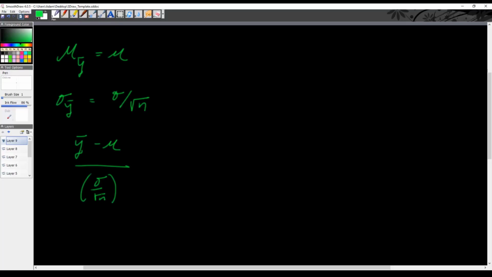So this basically means that y bar plus or minus the critical z, and again, this all depends on our chosen level of significance, so that's z alpha divided by 2, times the standard error of the mean.